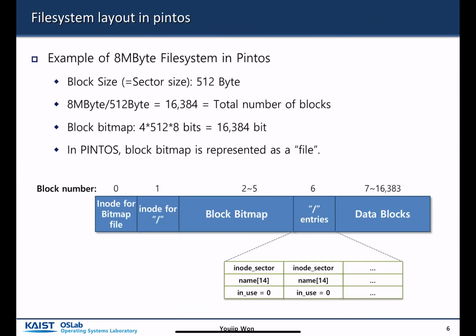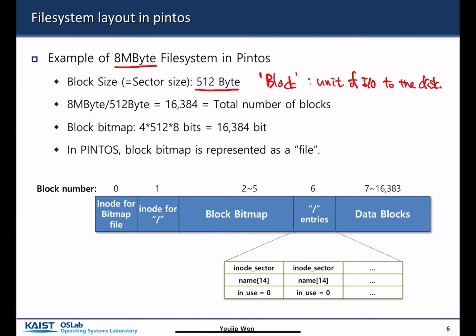Let's move on. This is the file system layout in Pintos. Currently, I guess you have defined the Pintos file system with 8 megabytes file system size. It's pretty small, a very, very small file system partition. And in Pintos, the block size is 512 bytes. The term block in modern operating systems is the unit of I/O to the disk.